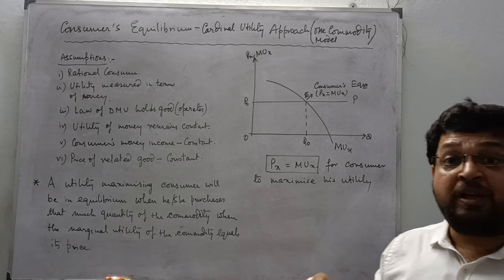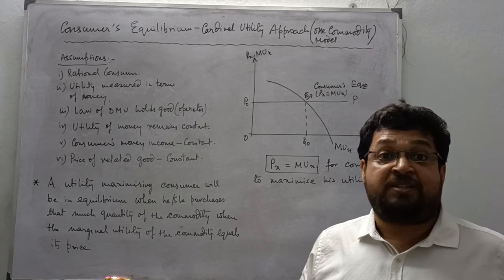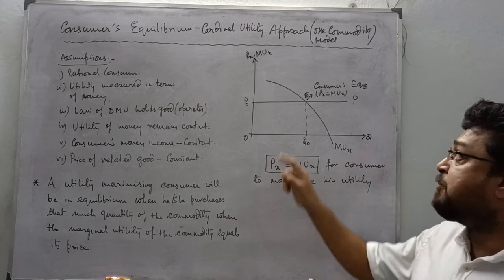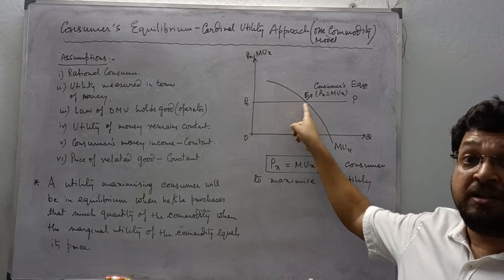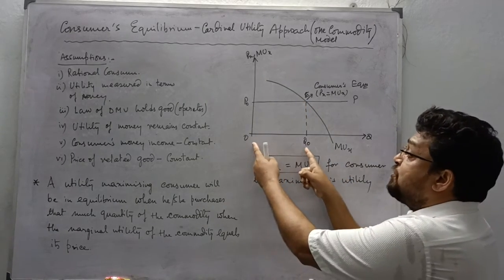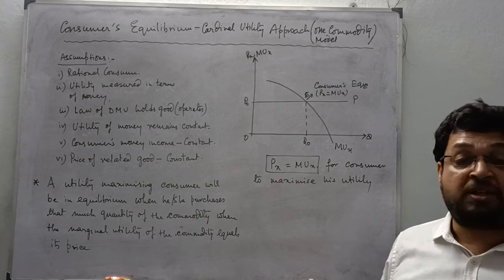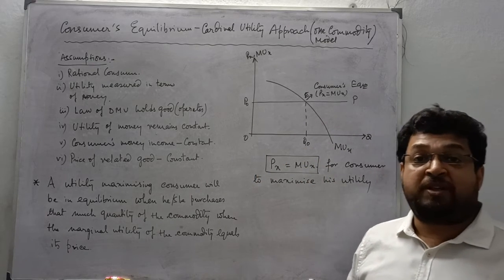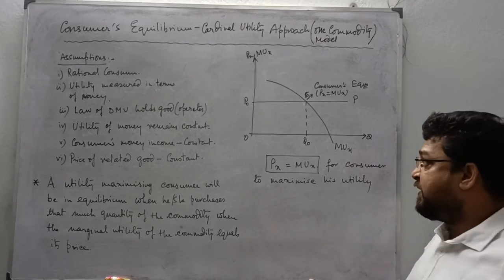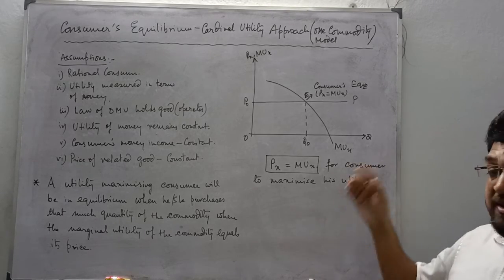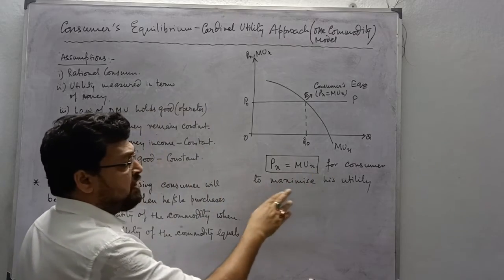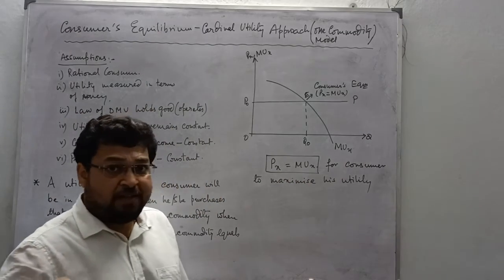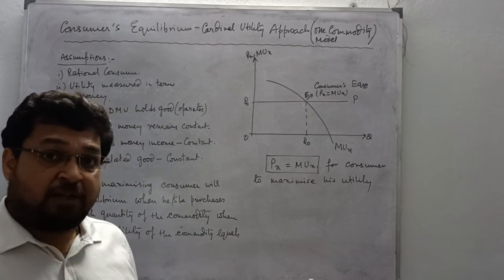So the consumer will attain equilibrium, maximum utility, where the price is equal to the marginal utility. The consumer will purchase OQ0 units of the commodity. So this is a case where price equals MUx for the consumer to maximize utility. That is the conclusion.